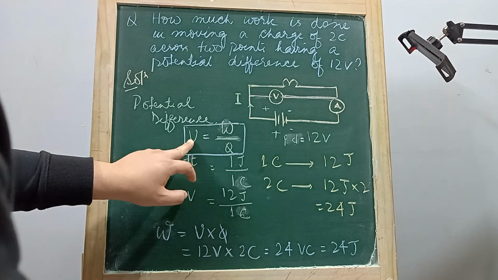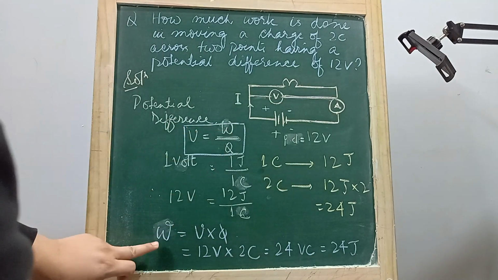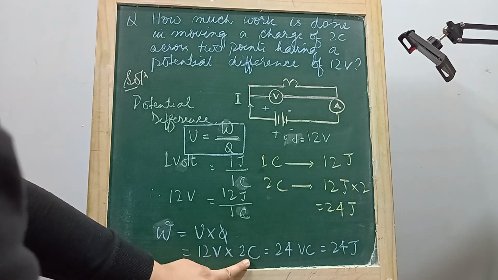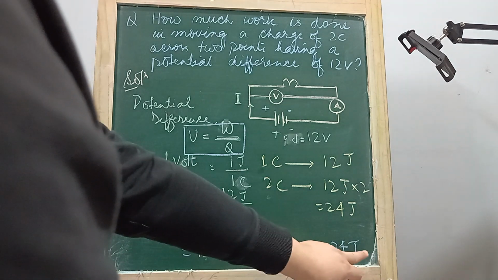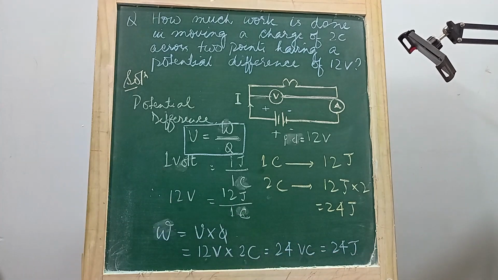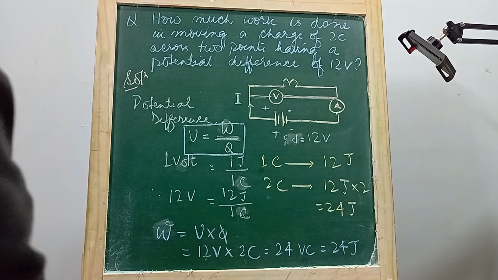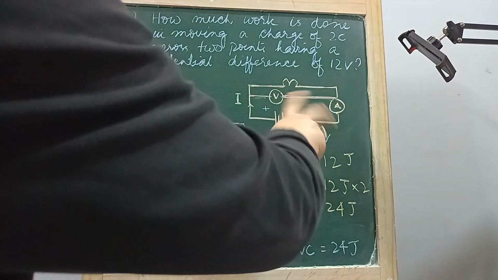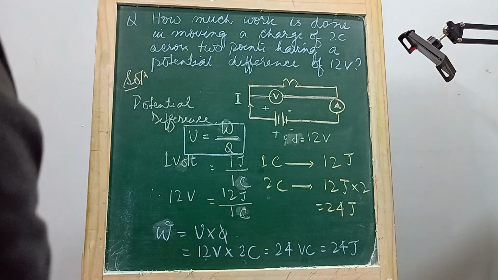Here the potential difference is given, the charge is given, so W can be calculated by multiplying V and Q. V is 12 volt, charge is 2 coulomb, 12 into 2 is 24 volt coulomb, which is equivalent to joule. So 24 joules of work will be done in moving 2 coulomb of charge when the battery is able to maintain a potential difference of 12 volt. I hope it's clear.